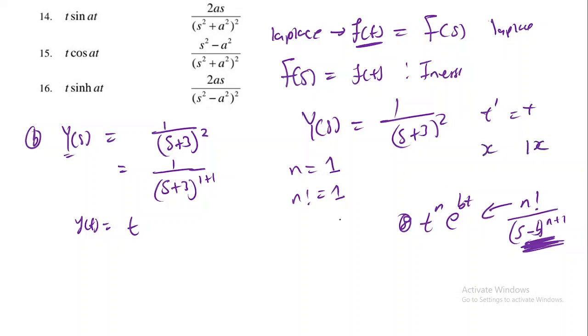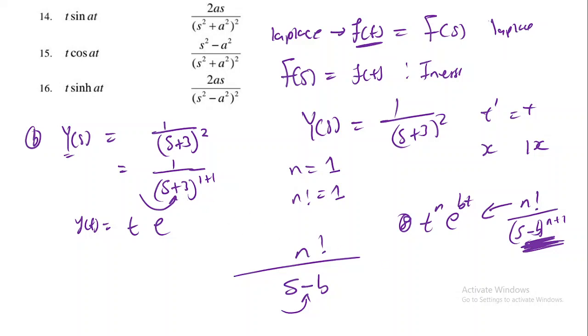Understand? And then we have e to the exponent bt. Okay, you need to pay attention here. The formula says we're having n factorial all over s minus b. According to the formula, we're having a minus here. But if we look at this part, we're having a positive. How did we end up with this positive if the formula said we're having s minus b, and here we're having s plus 3?